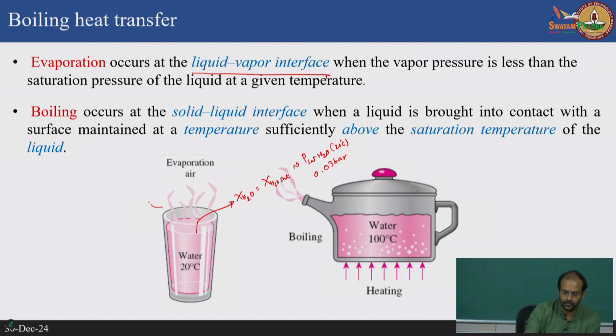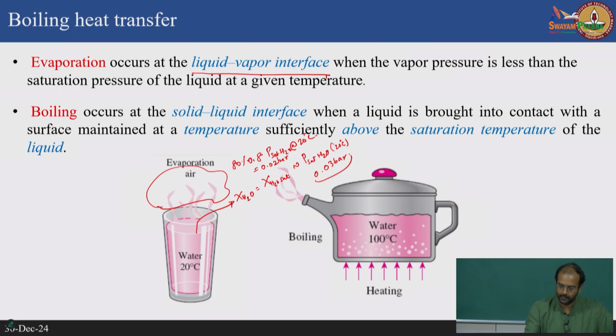Now, surrounding that you have, depending on the relative humidity of the air, say your relative humidity is 80%, so your air has 0.8 times your P_sat of H2O at 20 degrees. In this case it is something like 0.02 bar.